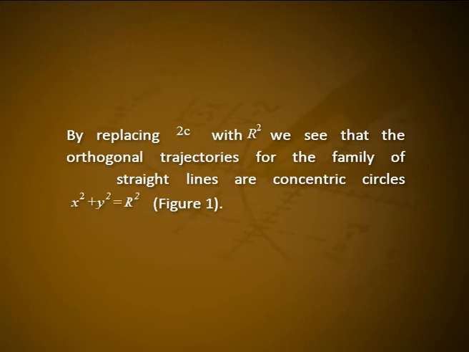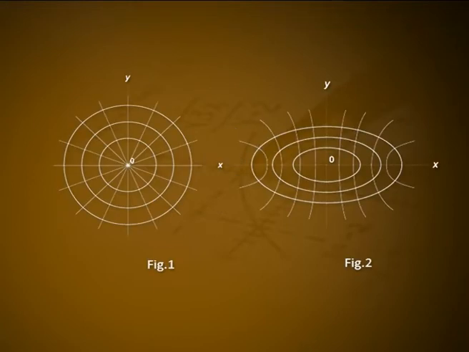By replacing 2c with r square, we see that the orthogonal trajectories for the family of straight lines are concentric circles x square plus y square is equal to r square, as shown in figure 1.